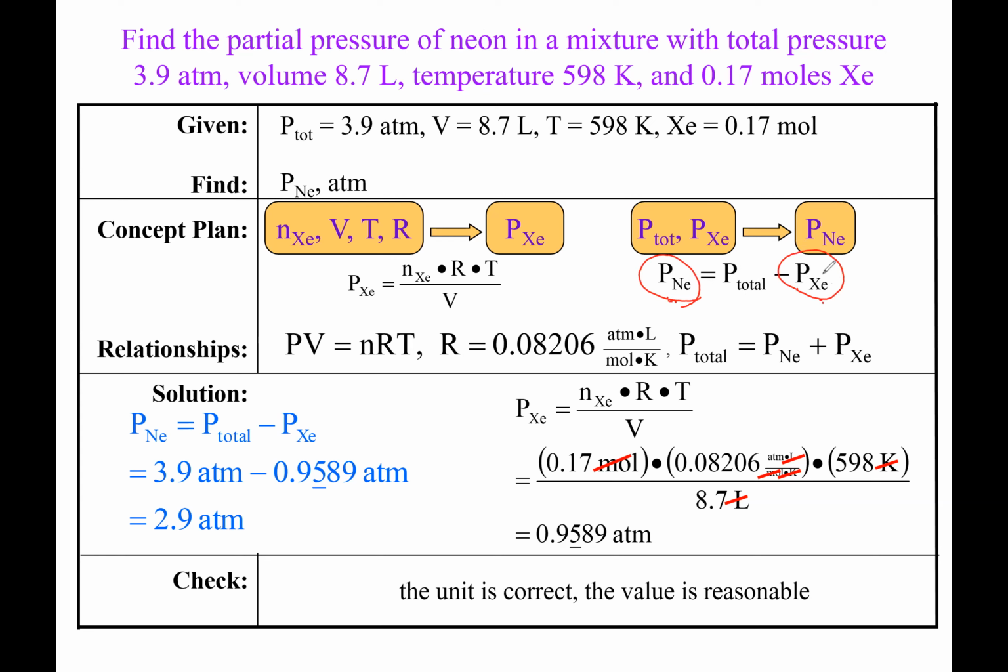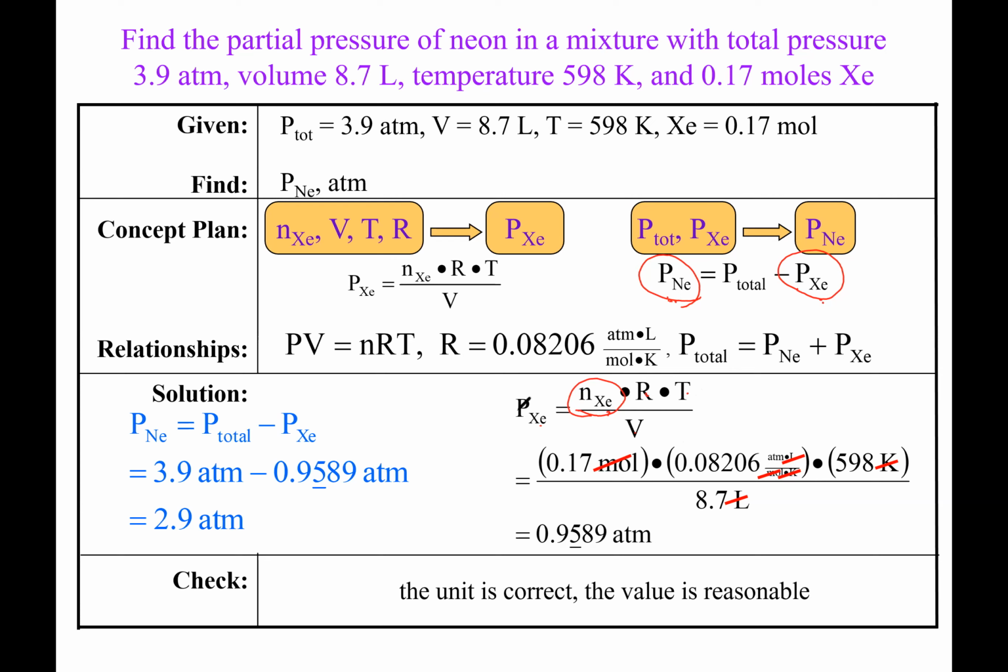The pressure from the xenon is going to be moles of xenon times RT over V. We have to make sure of the units used in this equation, because we are using the ideal gas law: the pressure is in atm, the volume in liters, the temperature in Kelvin, and the universal constant R is 0.08206. You can use that.